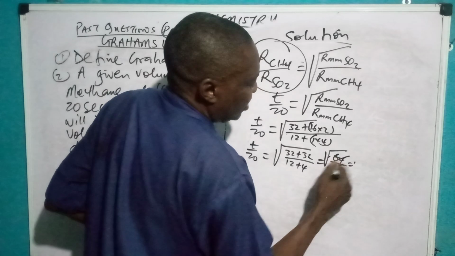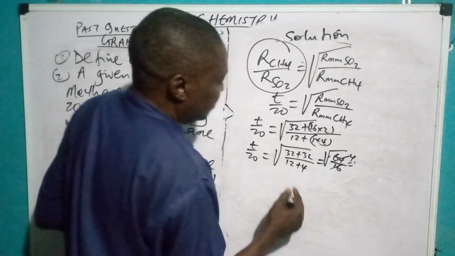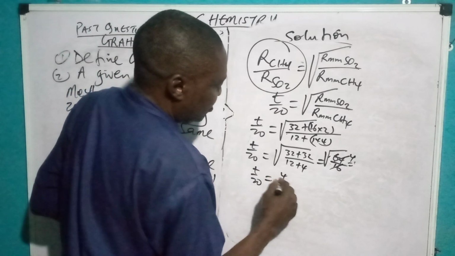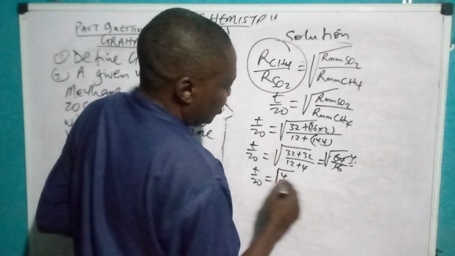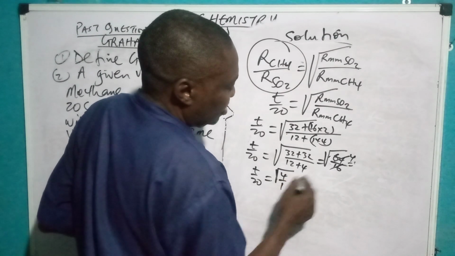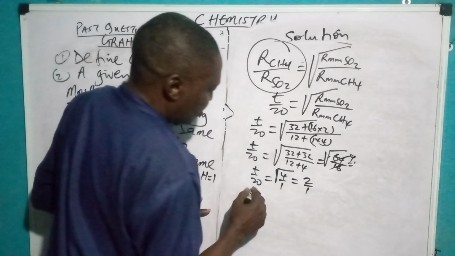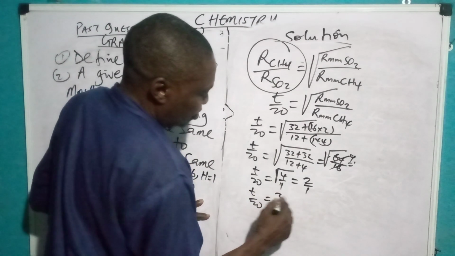And you can say 16 here 1, 16 here 4, is it not 4? Yes, it's 4. You have T over 20 equals square root of 4 over 1. Is there no more square root? There's still square root. Square root of 1 is the same thing as 1. So 16 here 1, 16 here 4, equals 2 over 1. So T over 20 equals 2 over 1.